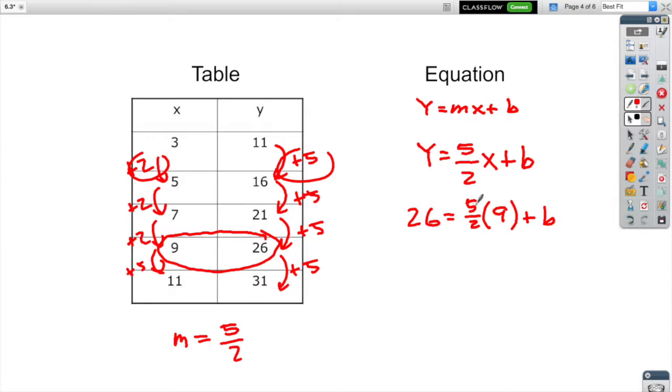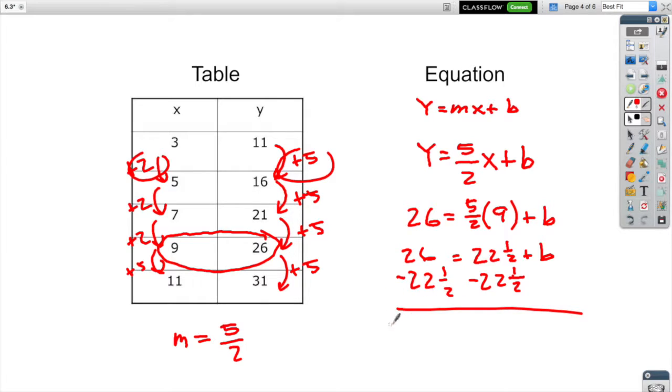5 times 9 is 45. 45 divided by 2 is 22 and a half. Subtract 22 and a half from both sides, and that'll turn out to be 3 and a half.